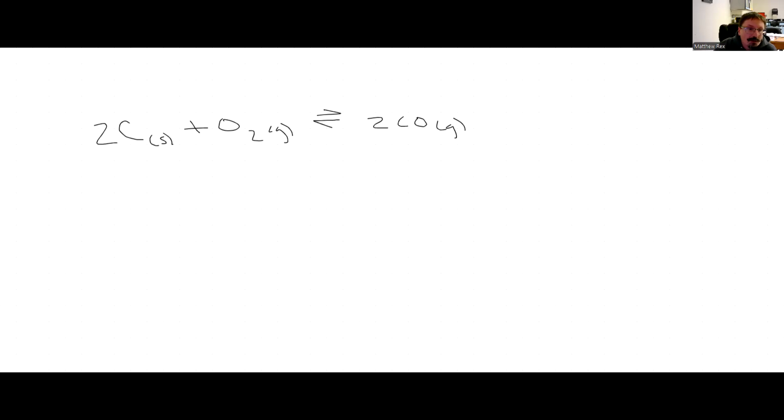So I'm going to do products over reactants, but I'm only going to do things in the gas phase or that are aqueous. So these carbons that are solid are going to get left out. So I have products, carbon monoxide raised to its coefficient, over reactants, but only the gaseous or aqueous reactants, which is the O2. So that should have been answer C. All right.